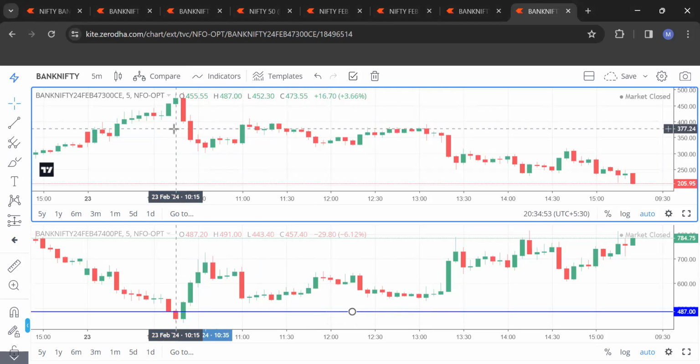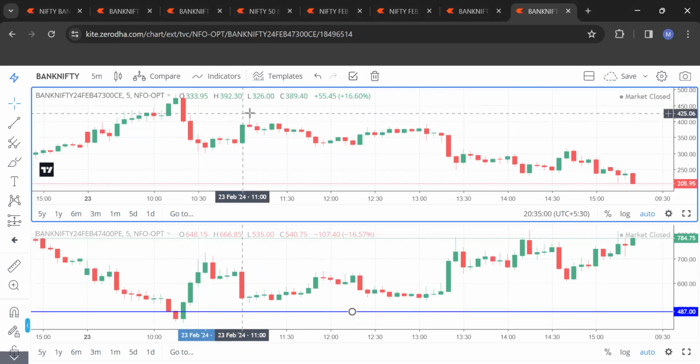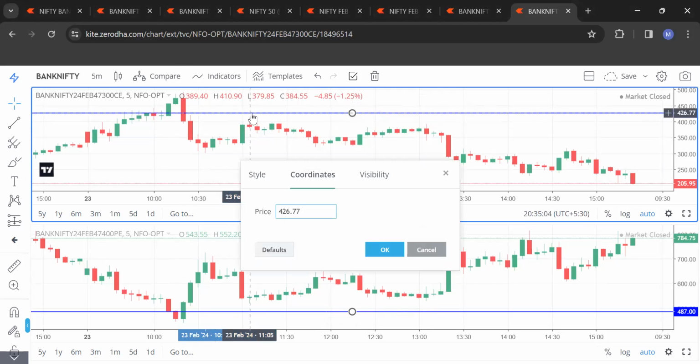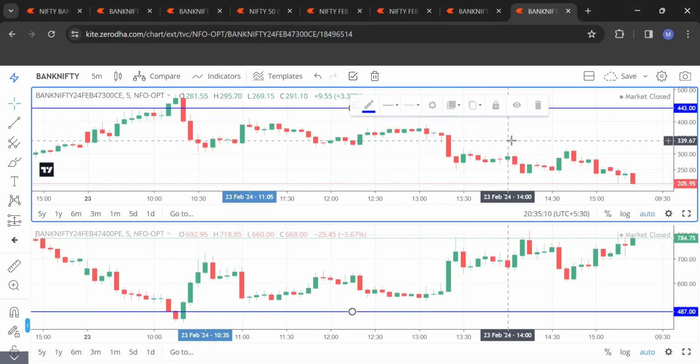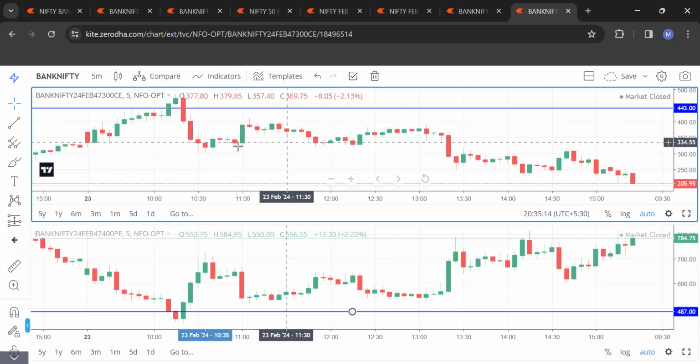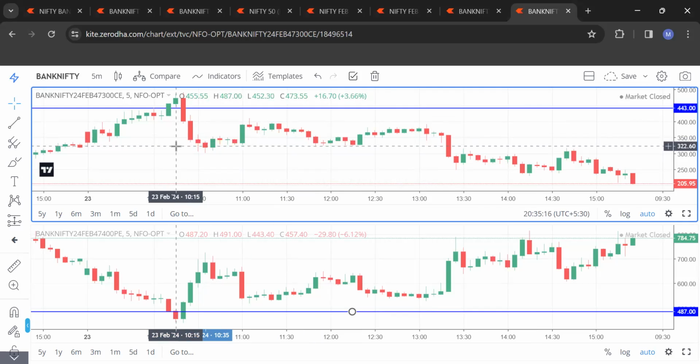This was the candle. And then from put side, 443 is the low. That's all. From the very next candle, we consider this candle. 487 high of this candle was plotted on put. 452 will also be plotted.